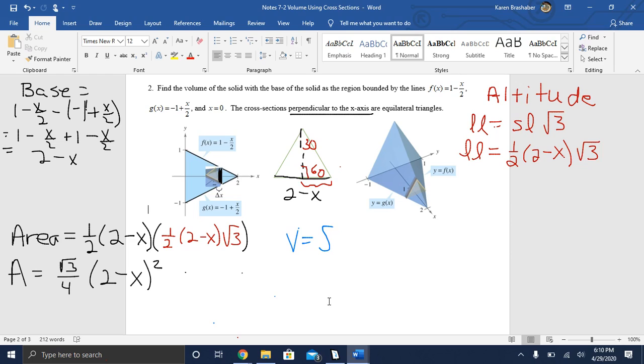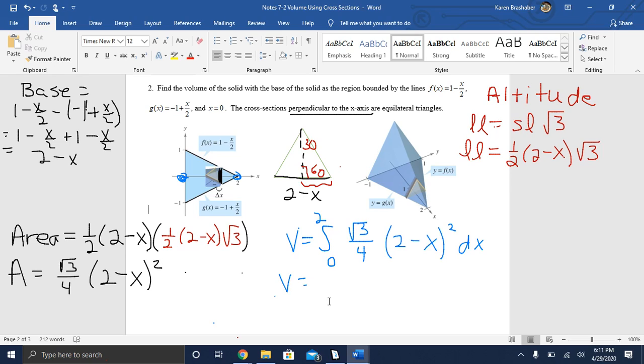Remember, we're accumulating those equilateral triangle areas. So we want to move along the x-axis from 0 to 2. And our area is the square root of 3 over 4 times 2 minus x squared dx.